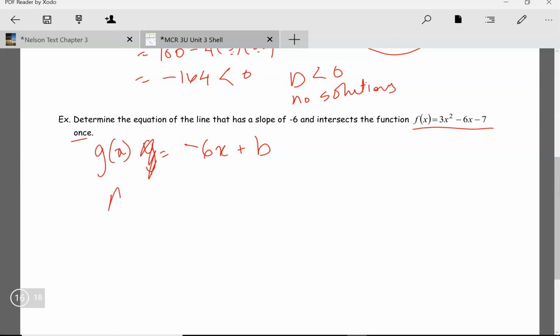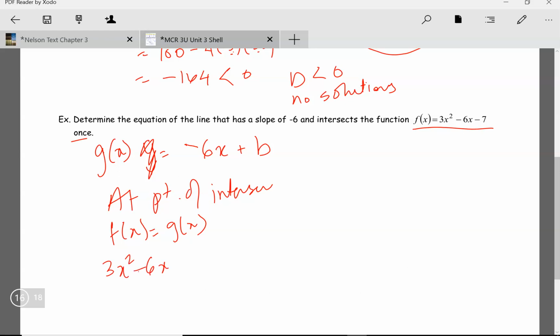Again, at the point of intersection, f of x equals g of x. So 3x squared minus 6x minus 7 equals -6x plus b. We don't know what b is, but we will rearrange this to one side: 3x squared minus 6x plus 6x is 0, -7 minus b equals 0.